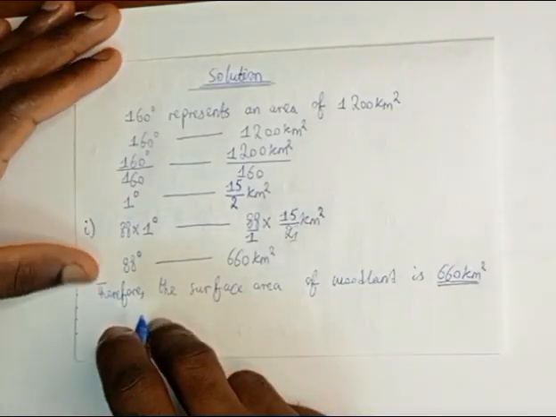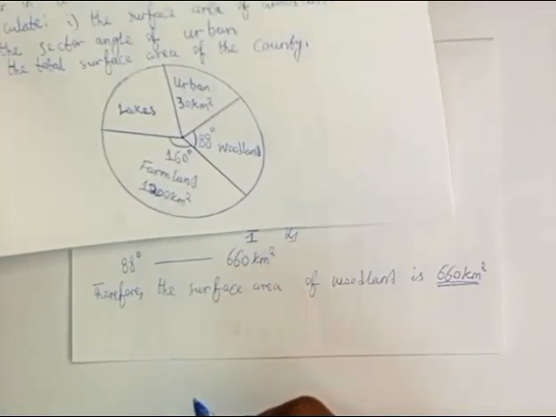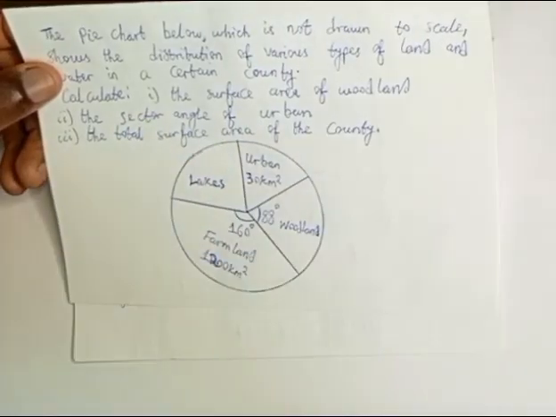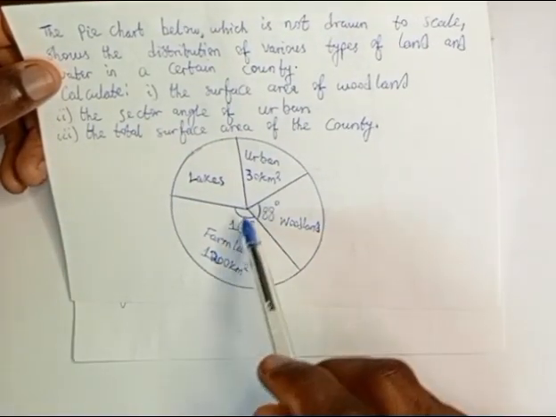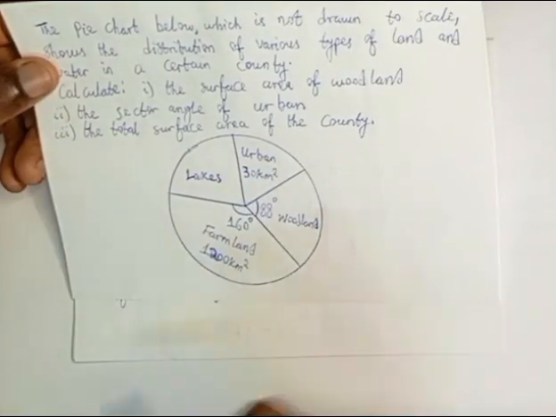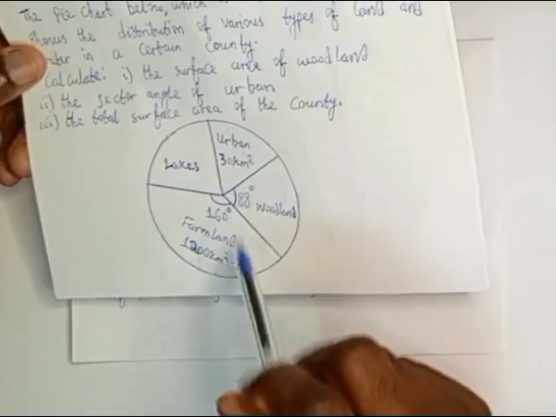We move now to question 2I. For question 2I, we have to calculate the sector angle of urban. This is urban. It has a surface area of 30 kilometers squared. We need the sector angle.